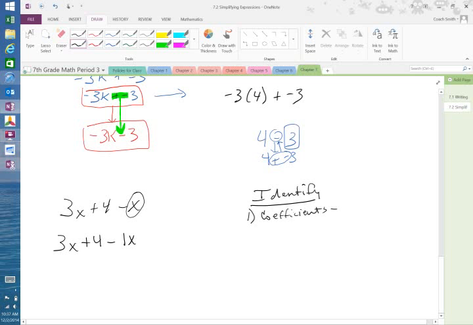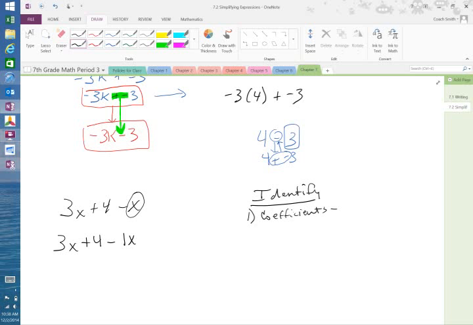What are the coefficients in this problem? 3x plus 4 minus 1x. What is the coefficients in this problem? No, coefficients. What is the definition of the coefficient? A number that's in front of the variable. Okay? So what are the numbers in front of these variables? 3 and 1, and you just missed one of them.